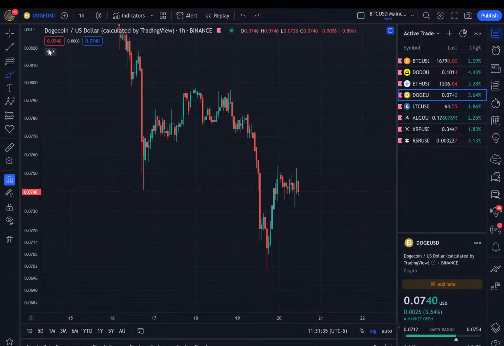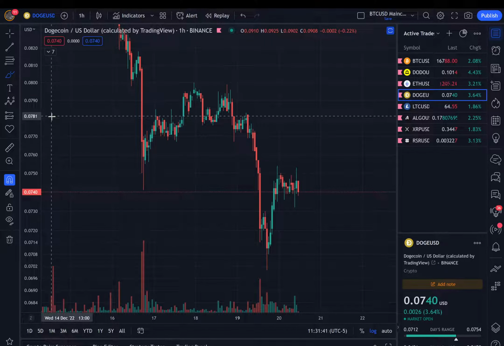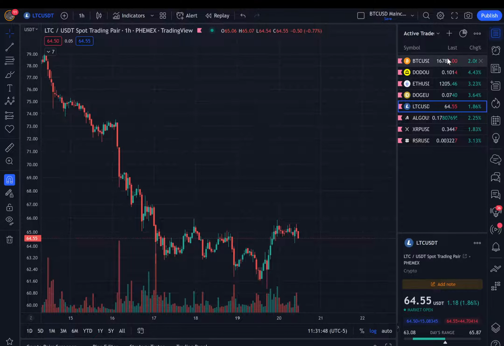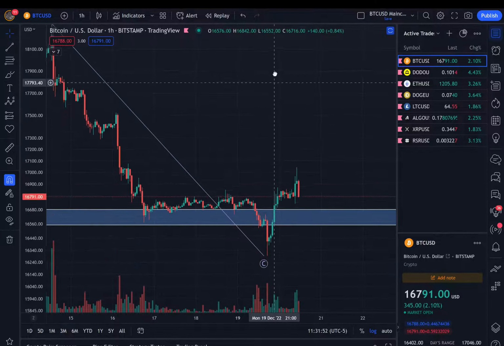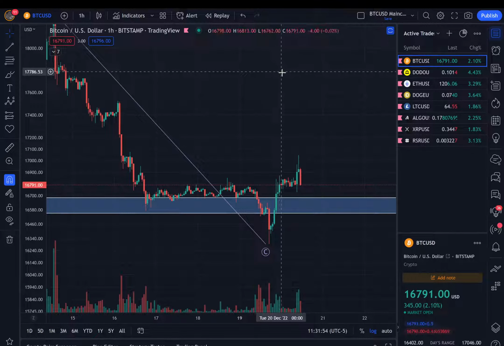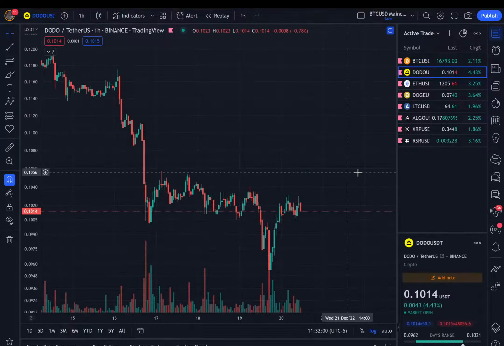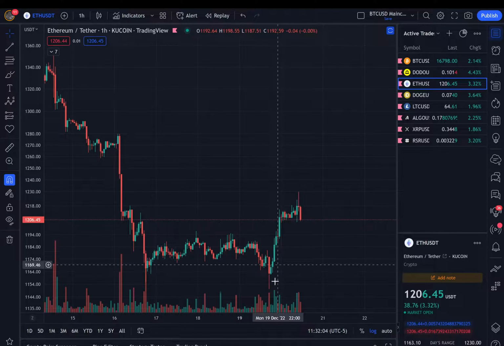Let's just turn on volume for a second. What you should see is volume spikes when you come to these impulses, if they're indeed impulses, right? And you do see a bit of volume coming in, right? For Bitcoin, here for Doge, for Ethereum.